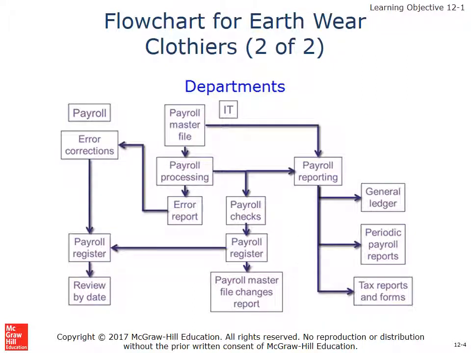And then the payroll will send off this information into the IT system for processing, where paychecks are created, the payroll register is recorded, and information ultimately gets into the general ledger. So take a good look through that to understand this process, and probably a normal process for a human resource management.